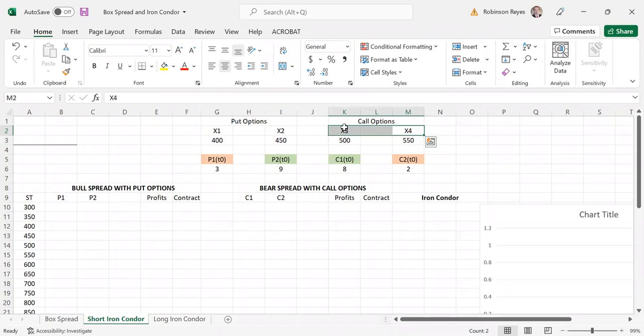So, in my perspective, the main distinction between these two strategies is that we are letting X2 and X3, the high strike call from the bull spread and the low strike call from the bear spread, be different. We're no longer having two options of the same, and now we're having two different options.